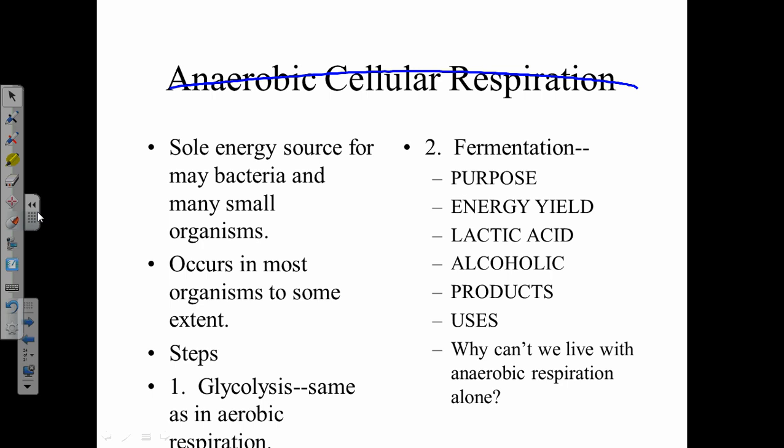Fermentation, though, its job is essentially to take the pyruvate and the NADH that got made in glycolysis and react those together. Because when aerobic respiration is not happening, what do you start running out of other than oxygen? What do you not have enough of if aerobic respiration isn't happening?